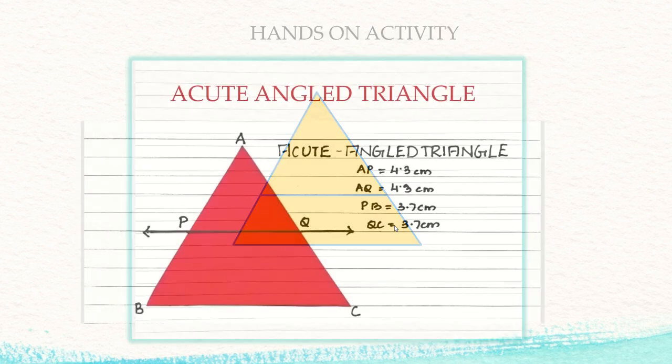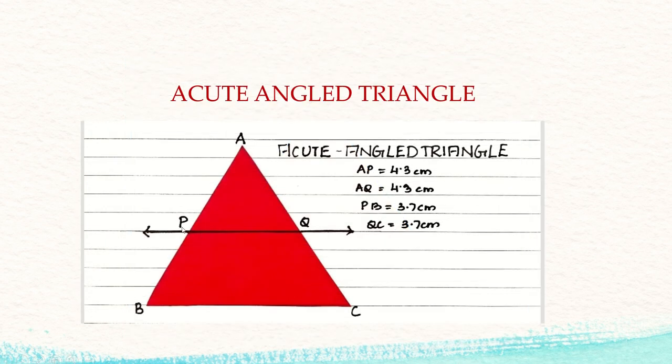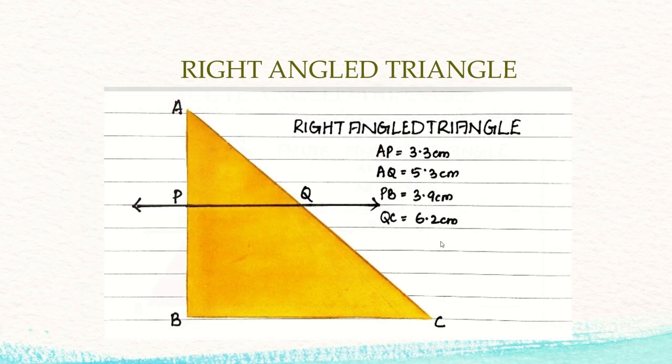So now in the acute angle triangle, after drawing the line, measure AP, PB, AQ, QC and mark the values. Repeat the activity with a right angle triangle.